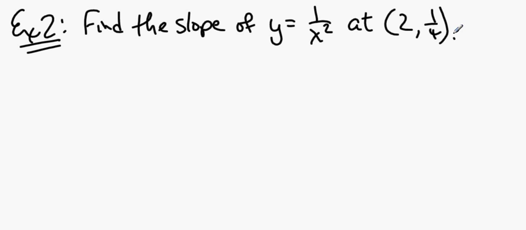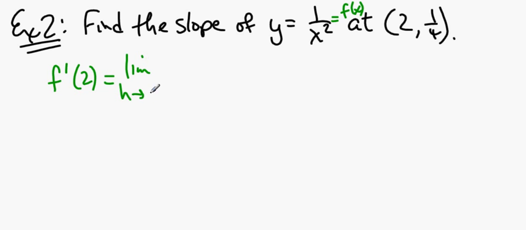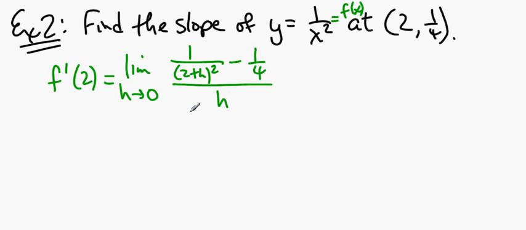The point (2, 1/4). Well, I know what I'm looking for. I'm looking for some derivative, which means this is probably some f of x. I'm looking for f prime of 2. And f prime of 2 is the limit as h approaches 0 of f of 2 plus h minus f of 2 over h.